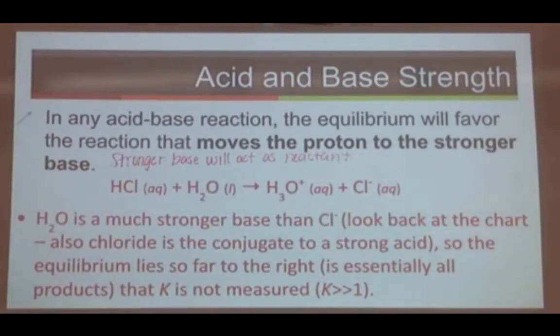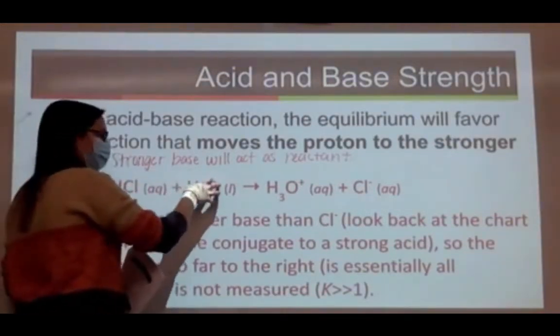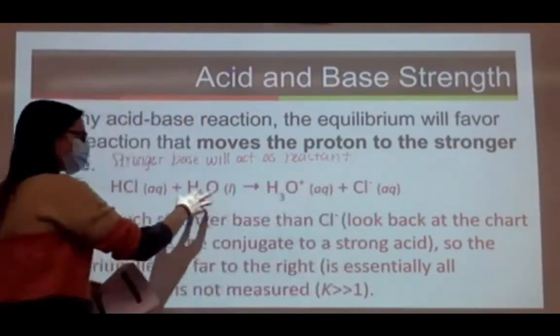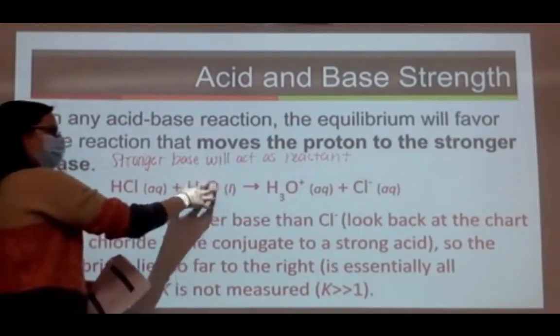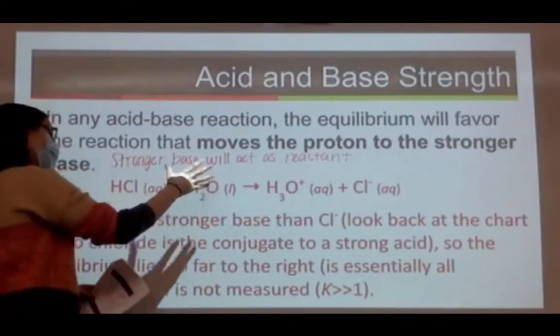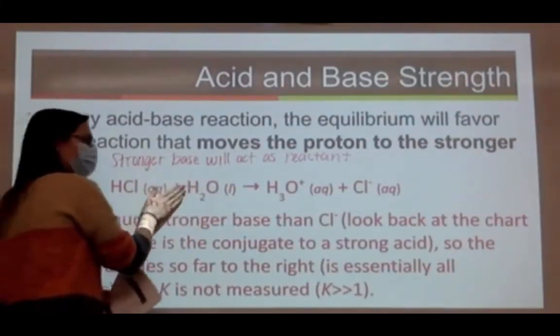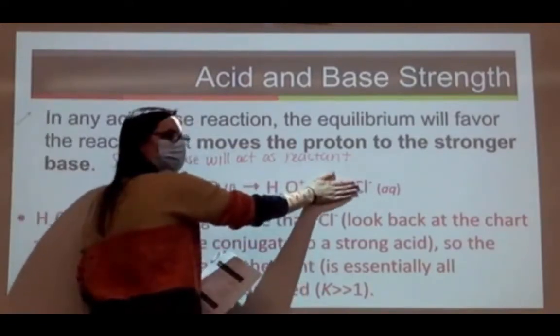H2O is actually a stronger base than Cl-, because Cl- comes from a strong acid, so Cl- is neutral. So since H2O is a stronger base than Cl-, H2O will act as the reactant, meaning HCl and H2O are the reactants, and it forms products.